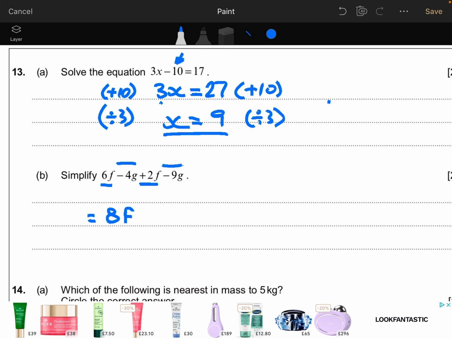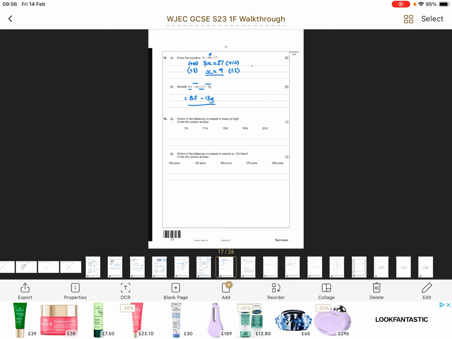So negative 4 take away 9 will be negative 13g. That's the answer. Don't be tempted at this point to add the 8 and the 13 or take 13 away from 8. Because those letters are different, we can't simplify any further.